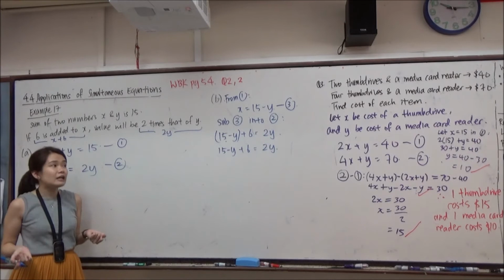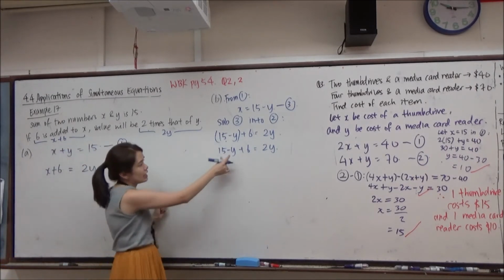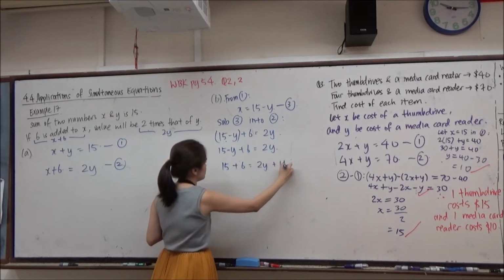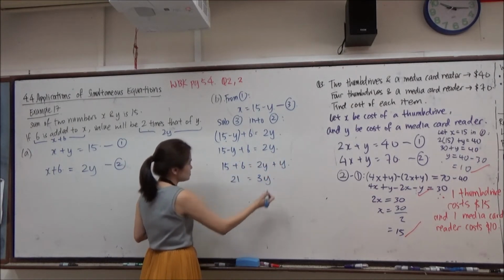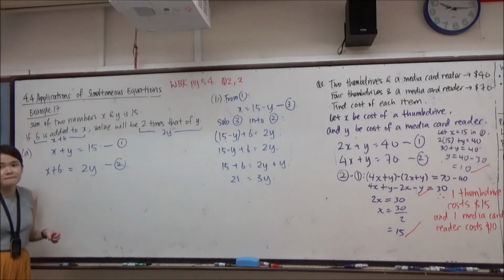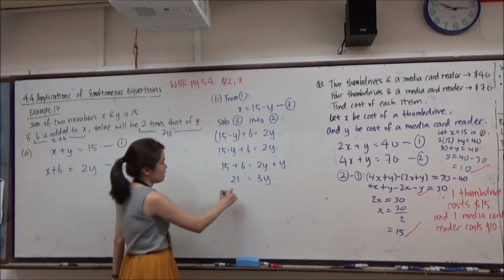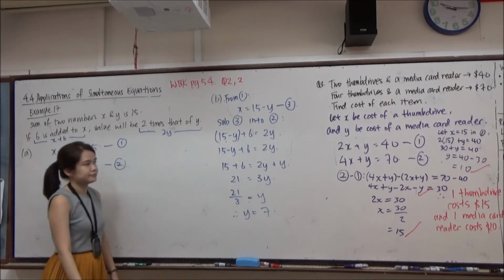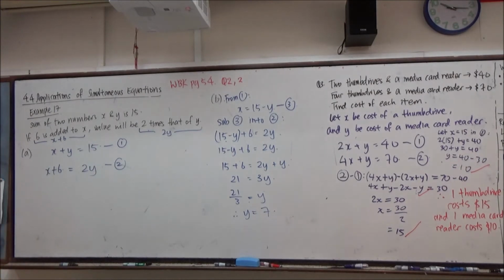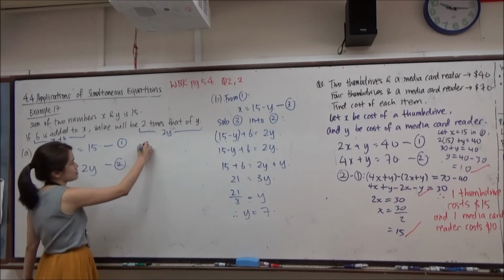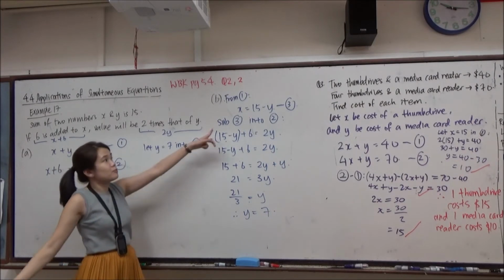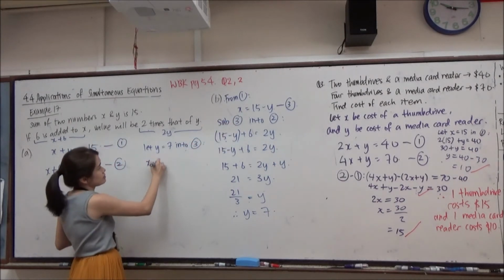So I want to find out the value of y. I can shift this negative y over to the right. So I get 21 equals 3y, and then y ends up becoming 7. And now if I let y equals 7, I will put it back into 3 because I already know what x is.